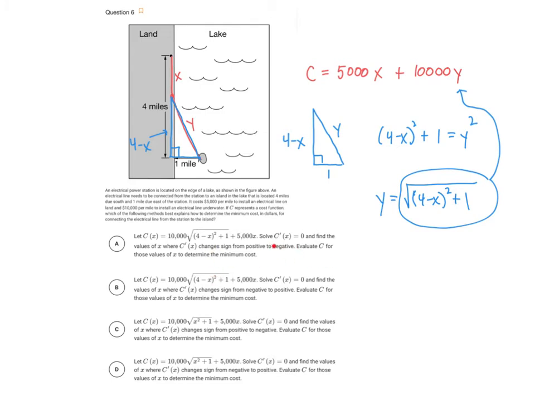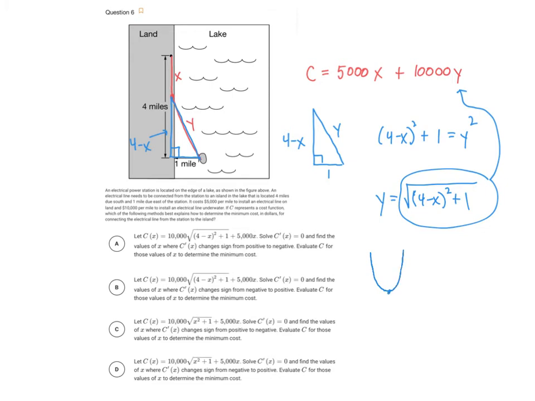So let's see. They say solve C prime is 0. So that's both of those, and that's what we'll do. And find values where C prime changes sign from positive to negative. And this one says from negative to positive. If we want to find a minimum, then we want the derivative to go from negative to positive, because the minimum will happen when a function is decreasing, derivative negative, and then increasing, derivative positive.